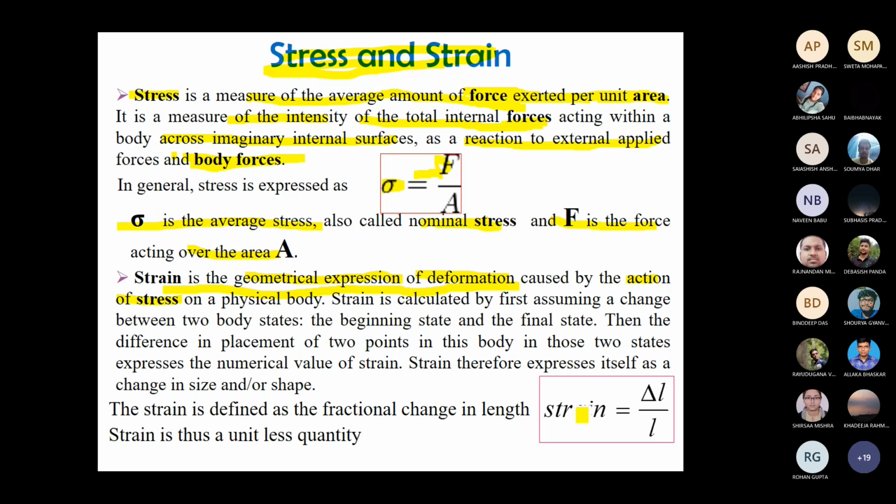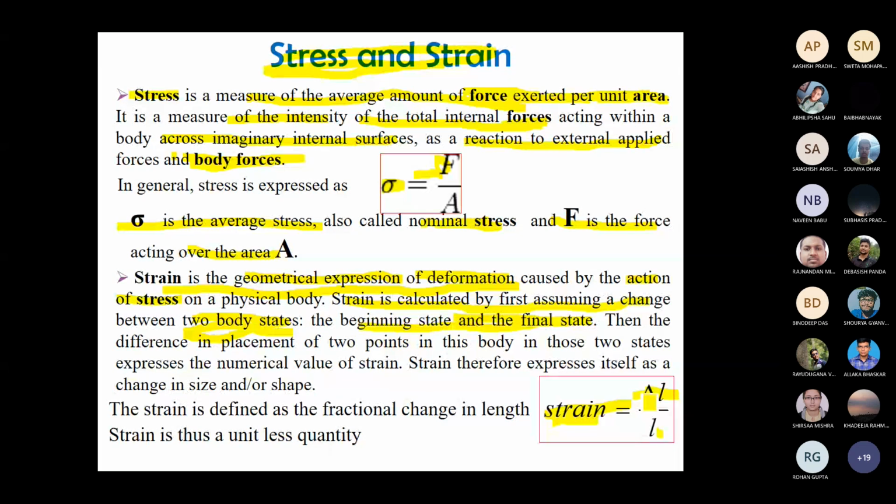There are three types of strain. The first is linear: there is a change of length, the deformation of length due to force, the ratio of the change of length to L. Strain is calculated by first assuming a change between two body states, the beginning state and the final state.